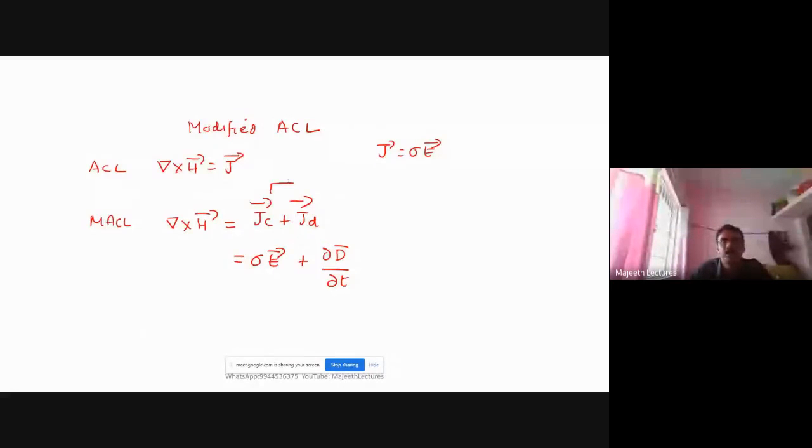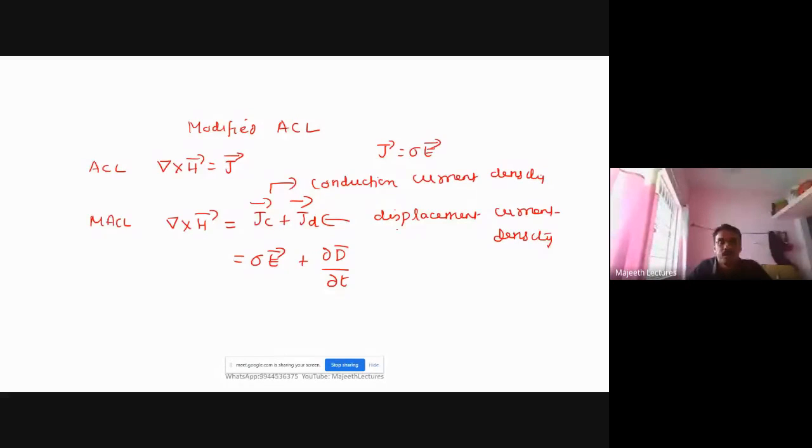Here J_C is conduction current density, J current density I told, C means conduction. J_D is displacement current density. We know D is epsilon E, so epsilon is constant, I take it outside, dou E by dou t, del cross H. Here you see there is a difference between Faraday's law and Ampere's circuital law.